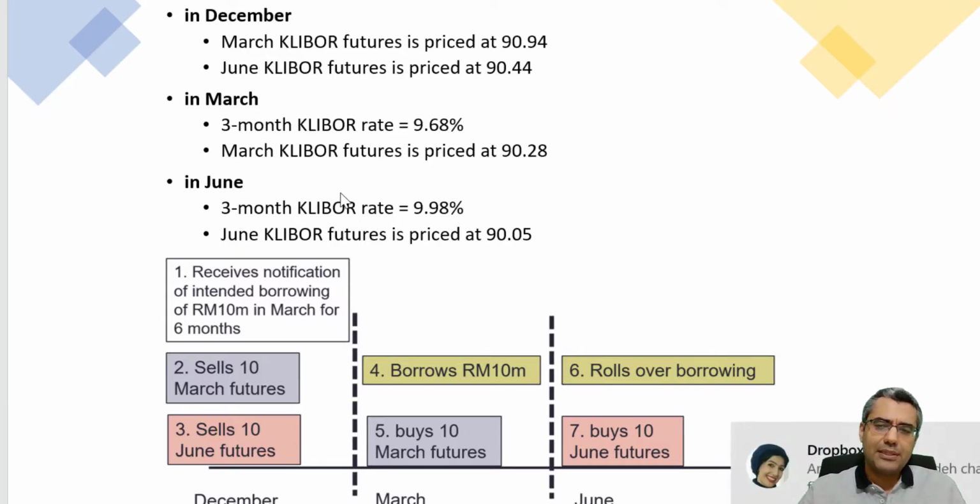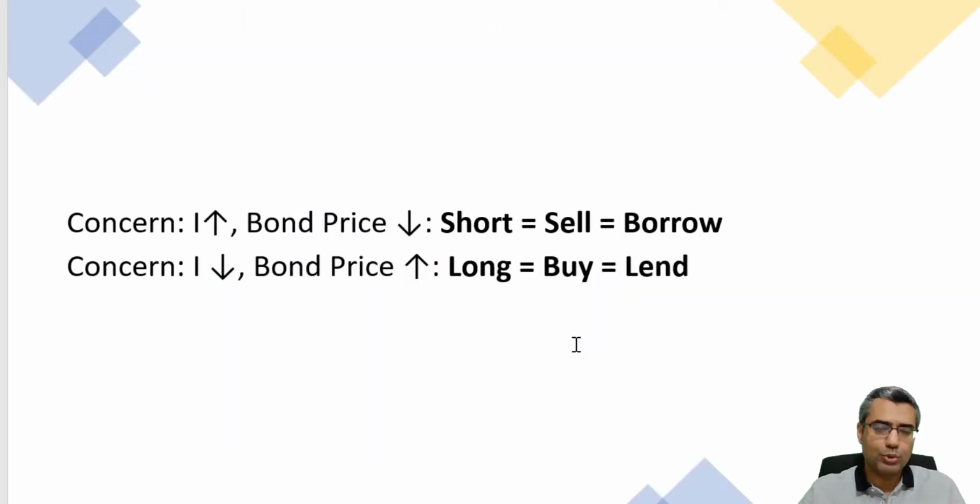So the concern is what happens if the interest rate goes up. So again, let's go back to the slide that I already showed. My concern is if interest rate goes up, this means the underlying asset price, the debt instrument price, goes down. This means that I'm long on the underlying asset, so I should short futures contract.